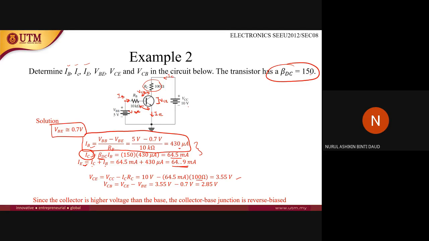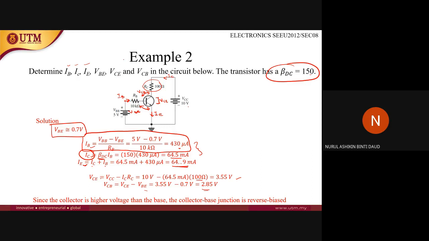Once you get the VCE value, VCB is 3.55 minus the VBE value, which is 2.85. Yeah, 2.85. So you will get all the values.